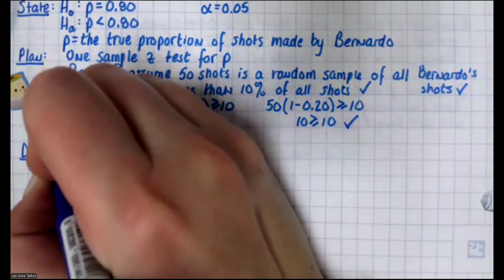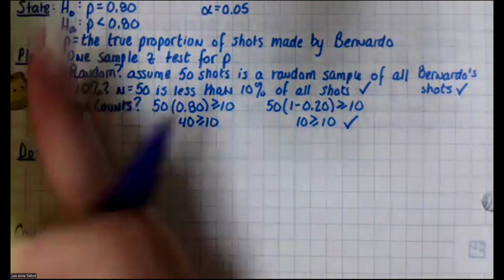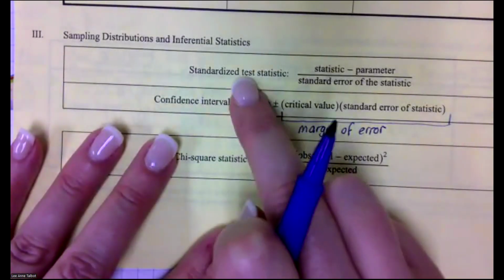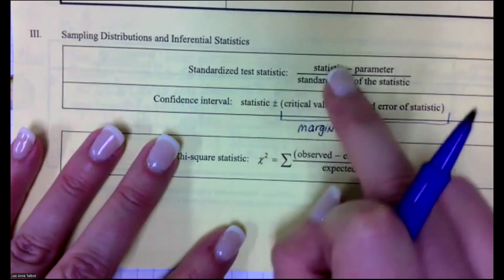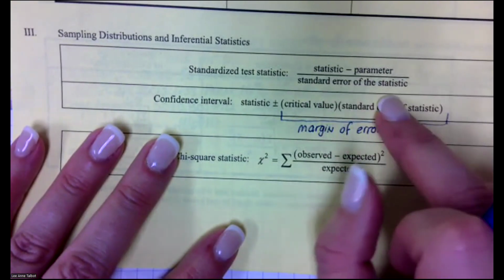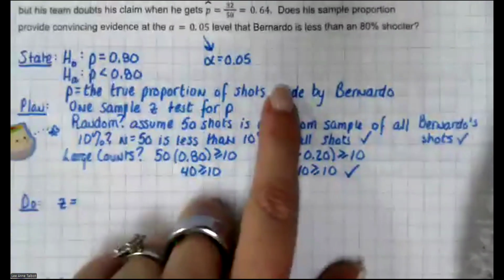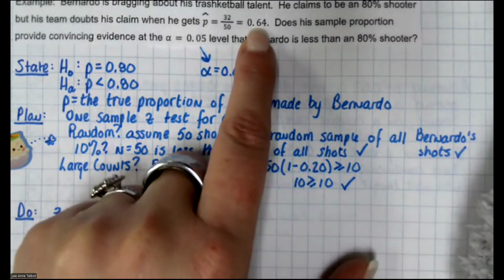So we're going to find a z-score. Z equals, and I'm following this. So my standardized test statistic is Z. Z equals statistic minus parameter over standard error. Okay, the statistic is p hat, which is 0.64.